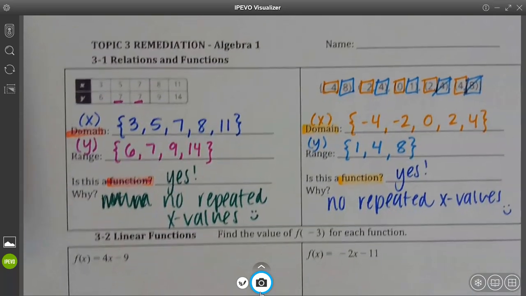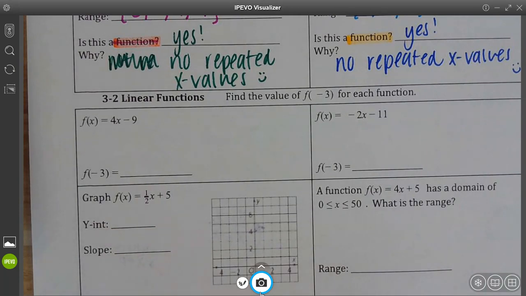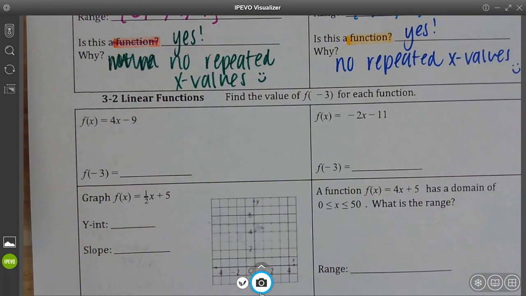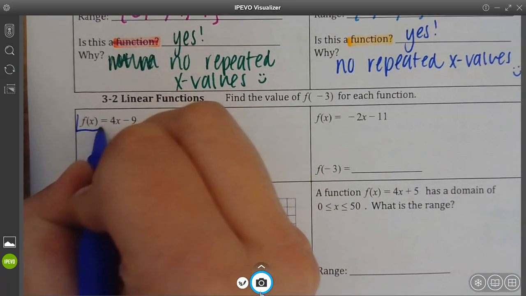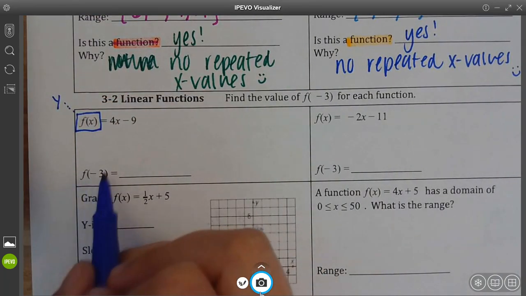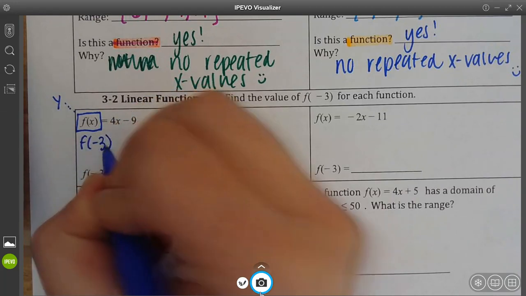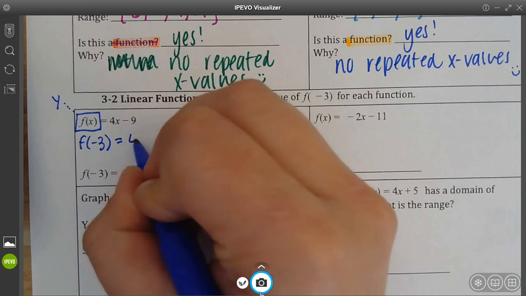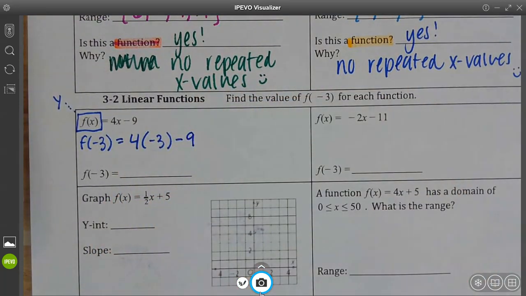Now we're going to talk about something called function notation. When we're given an equation, function notation is somewhat useful for us when we want to evaluate a problem. This f of x is just the same thing as a y, but it helps us solve problems like this. When we are finding f of -3, that means any place that we had an x, we're going to replace it with a -3.